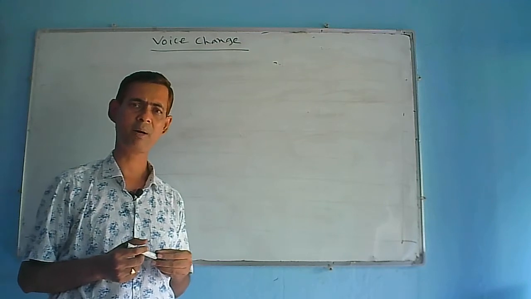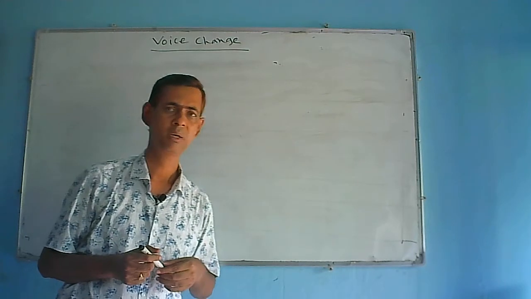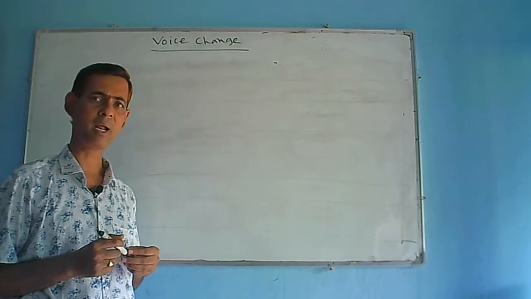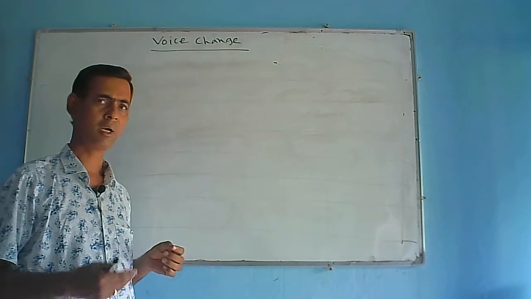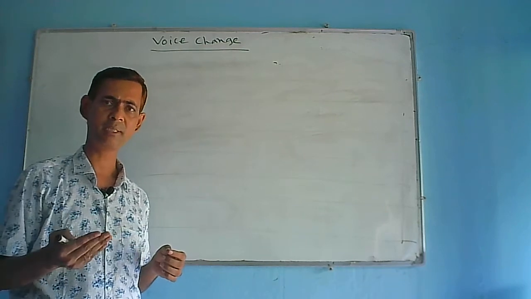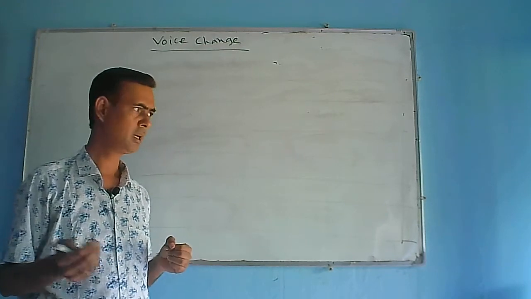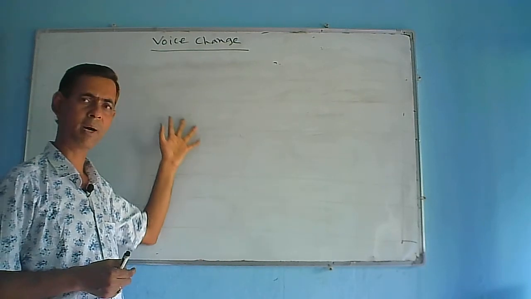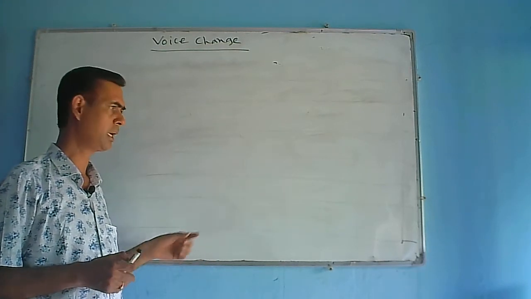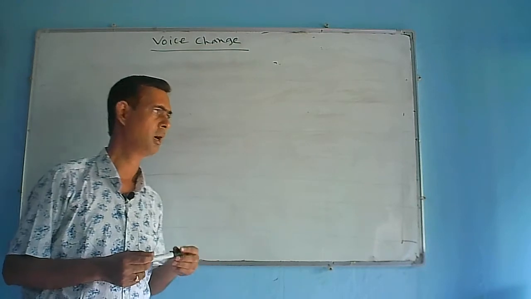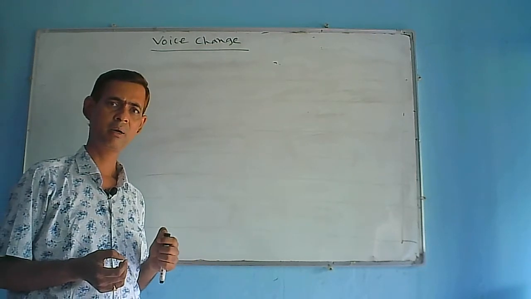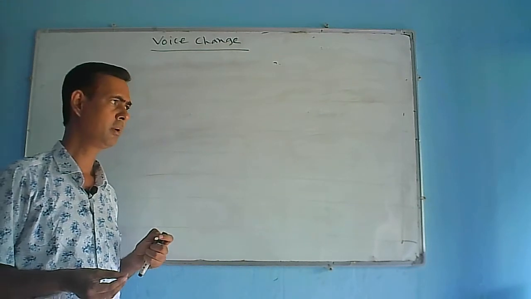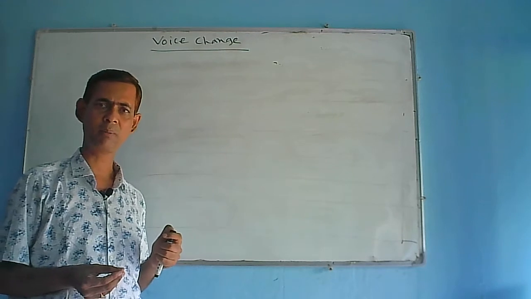That means the third form of verb. Dear learners, you have learned about the 6 techniques of changing any active voice into passive, and you also have learned the auxiliary verbs of passive voice. You have to remember that the principal verb of any passive voice will be the past participle form, that means the third form of verb.